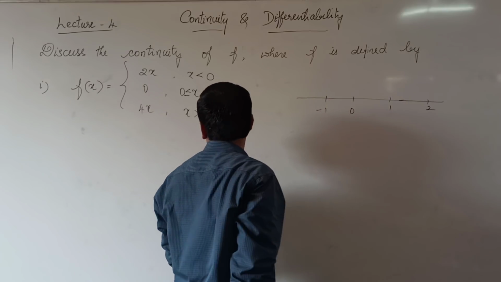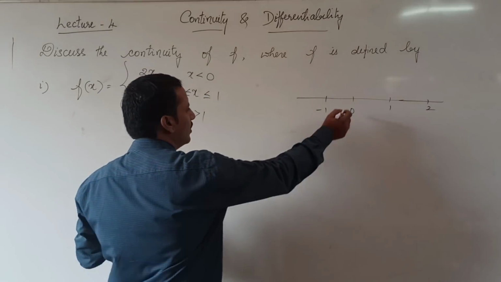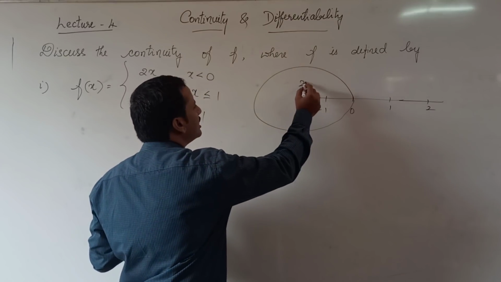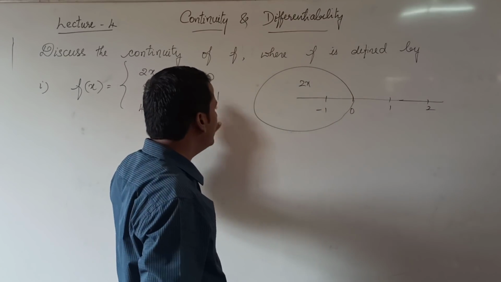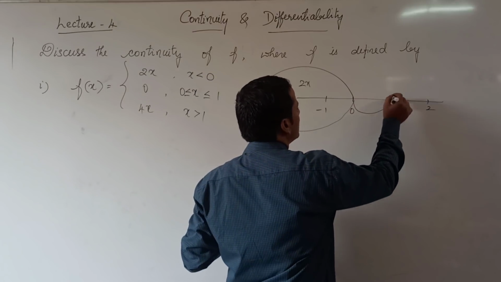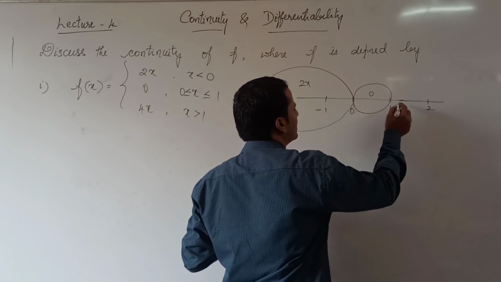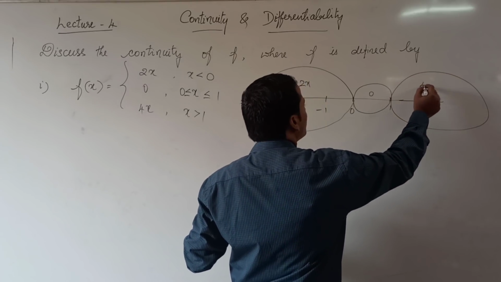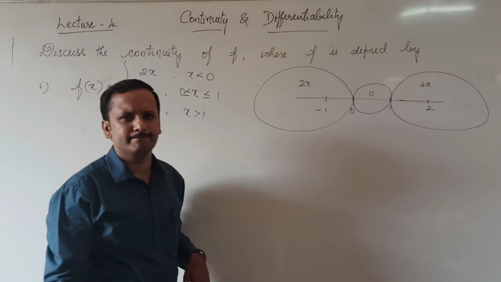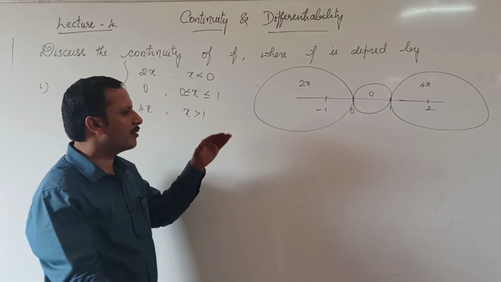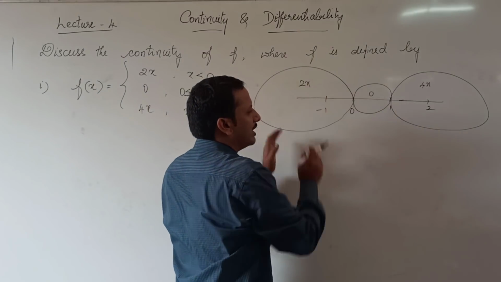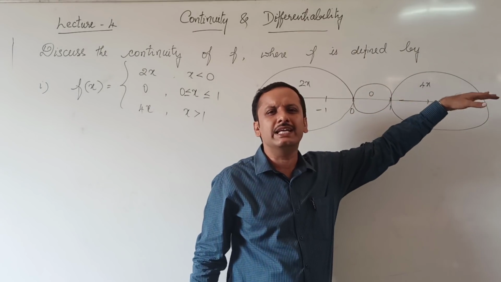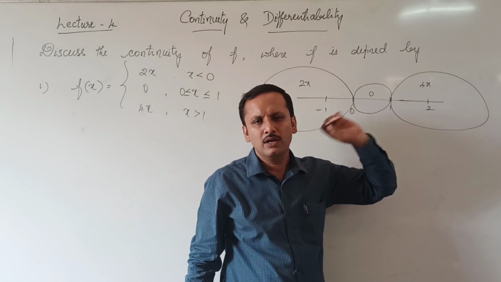And this is minus 1, etc. When x is less than 0, means minus infinity to 0, then it is defined as 2x. Then between 0 to 1, it is defined as 0. Then from 1 to infinity, it is defined as 4x. Okay. So from minus infinity to 0, it is defined as 2x. 0 to 1, it is defined as 0, and 1 to infinity, it is defined as 4x.